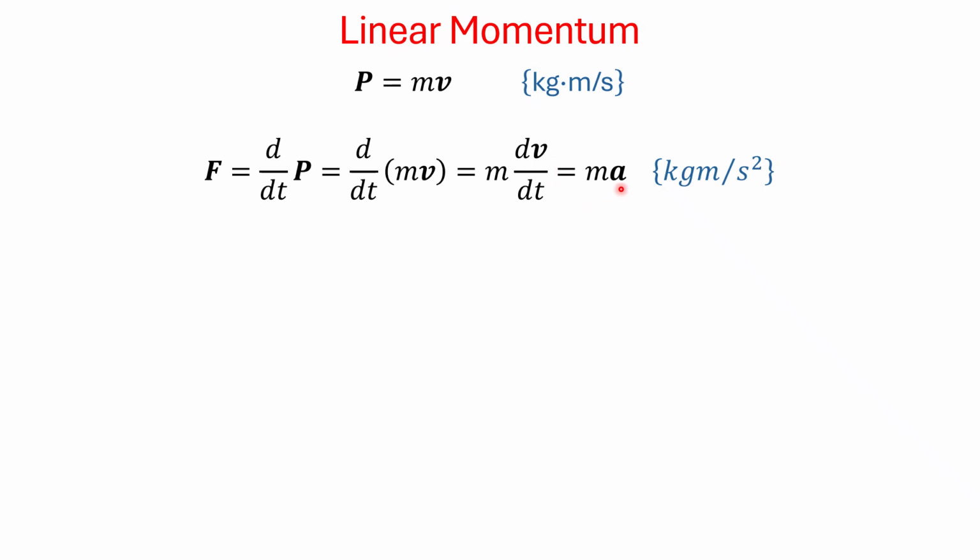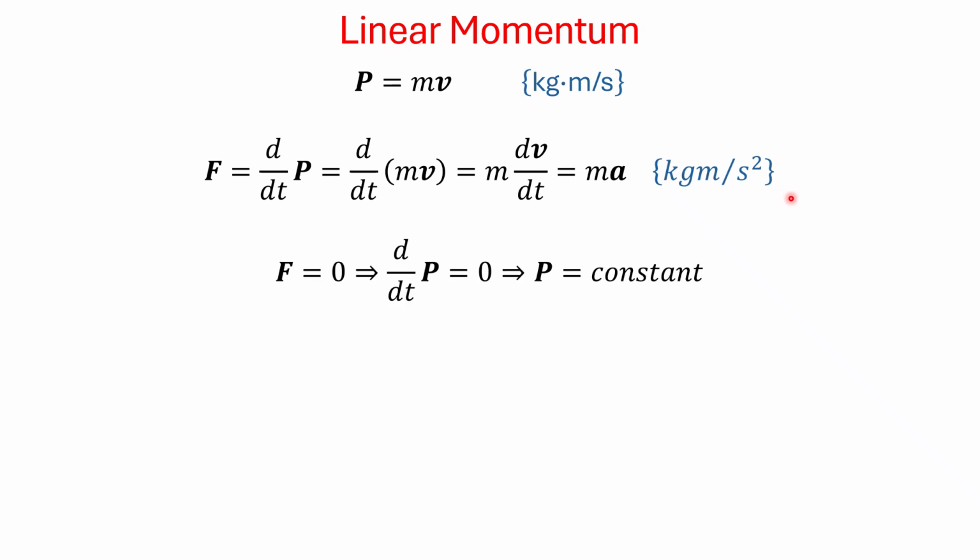So F is equal to ma is a derived version of Newton's second law, and the unit for measuring force in the MKS system is kg meter per second square.